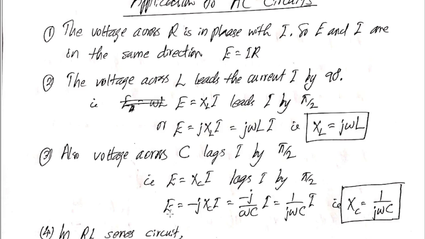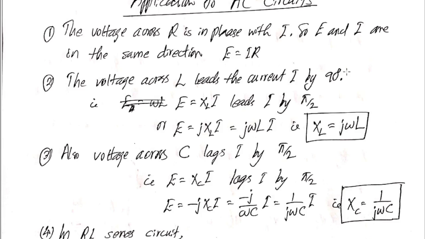So we can write E is equal to minus j into Xc into I, because E lags I by pi by 2, and minus j is 1 by j. So that can be written as, Xc is 1 by omega C, minus j by omega C I, or 1 by j omega C I. Or we can say the capacitive reactance is also an imaginary reactance. It is equal to 1 by j omega C.